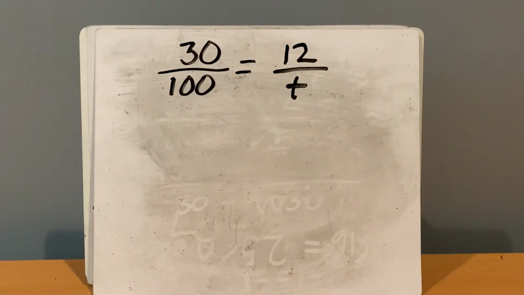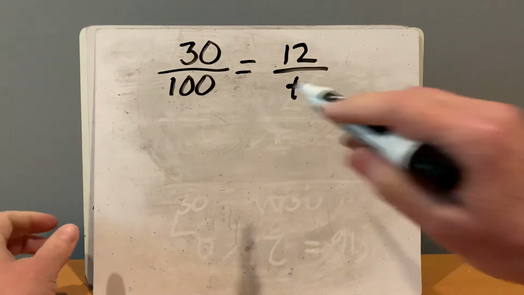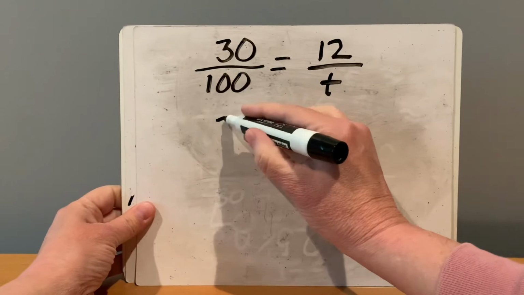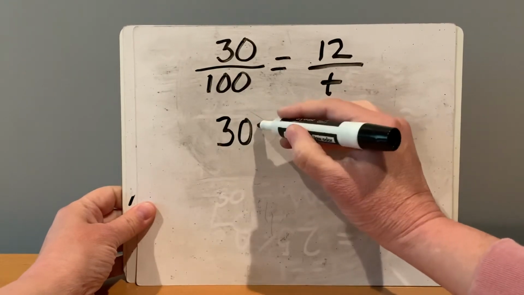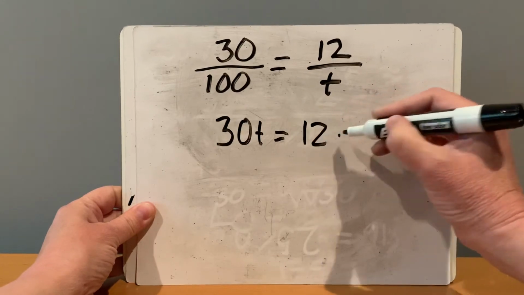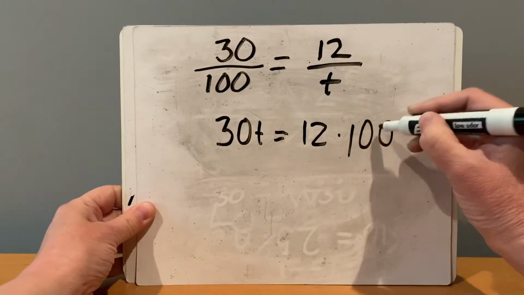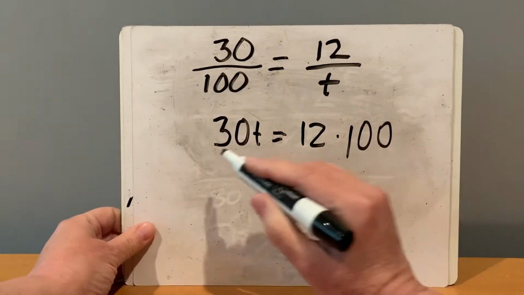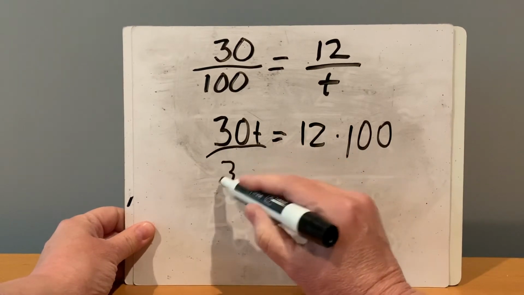Now, we just go ahead and solve this by cross multiplying. So we would have 30T equals 12 multiplied by 100. Then we will divide both sides by 30.